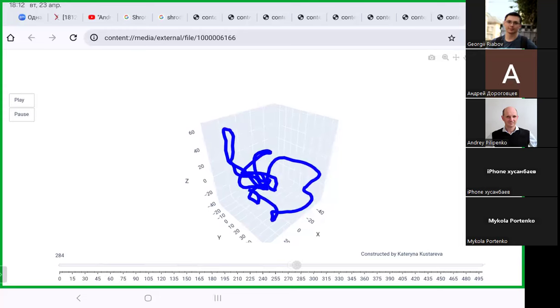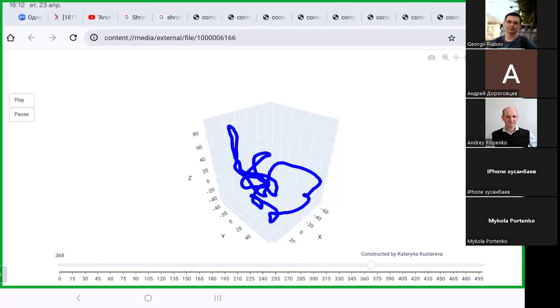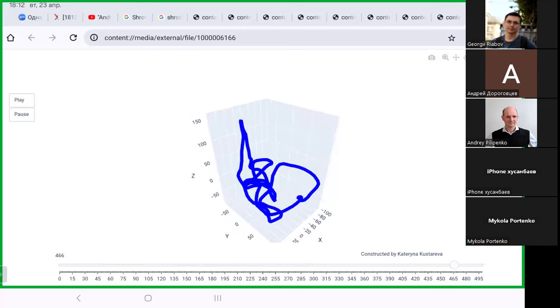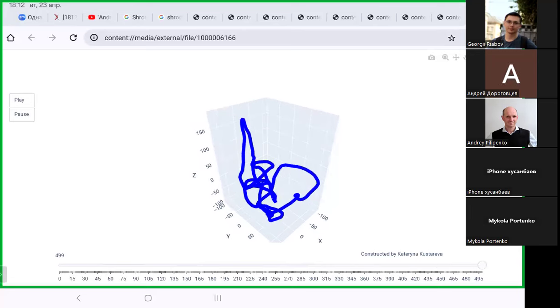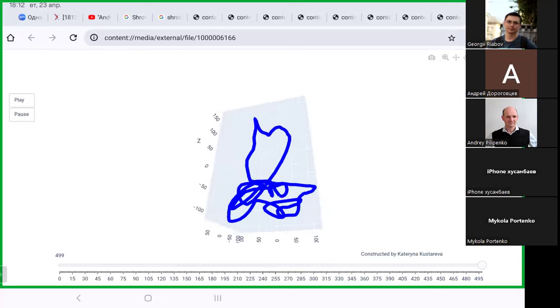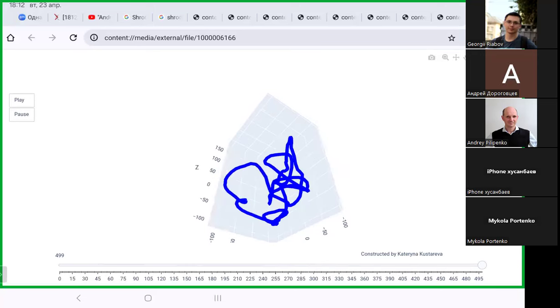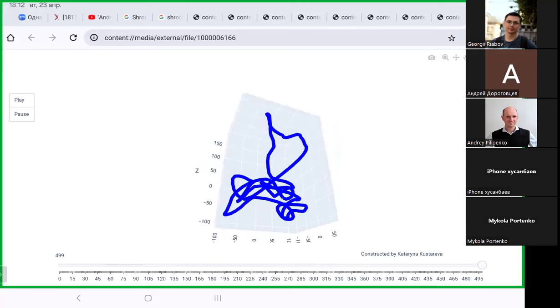Maybe it is good to just let me speed up the time. You see, it moves like a solid body, and here is its final shape. So yes, it grows, but the growth is controlled.